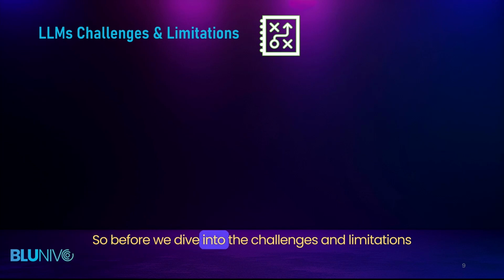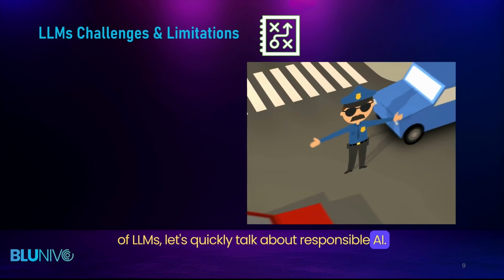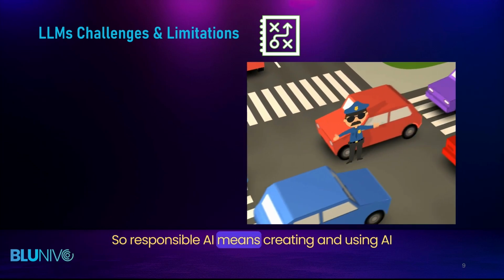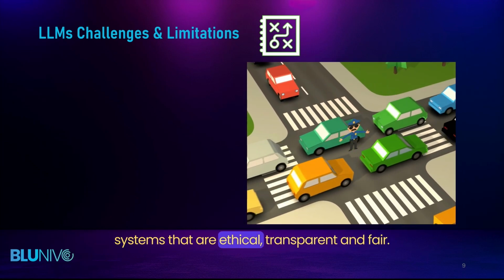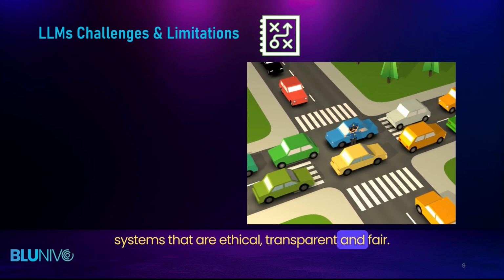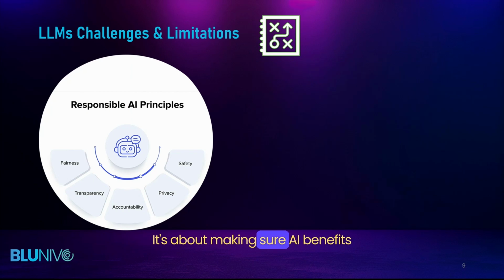Before we dive into the challenges and limitations of LLMs, let's quickly talk about responsible AI. Responsible AI means creating and using AI systems that are ethical, transparent, and fair. It's about making sure AI benefits society while reducing risk and harms.